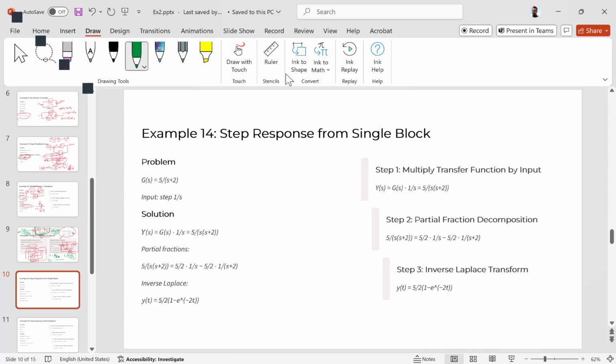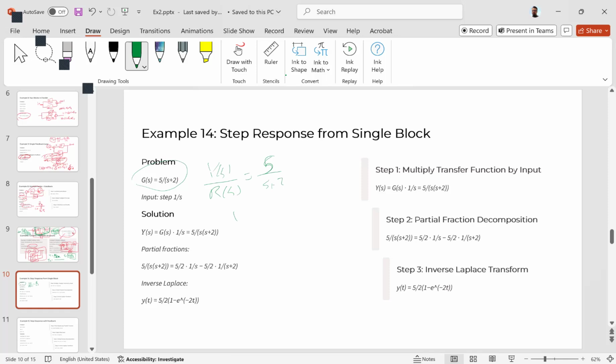Very simple. We know our transfer function for this example is 5 over s plus 2. What that means is that the output, which we call y, over the input is going to be 5 over s plus 2.